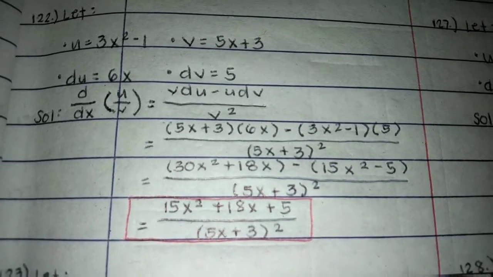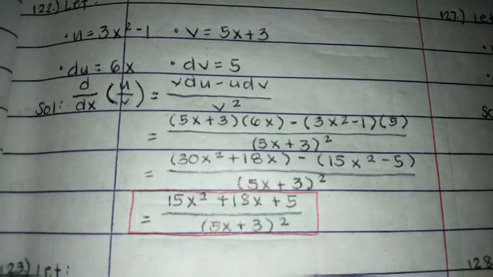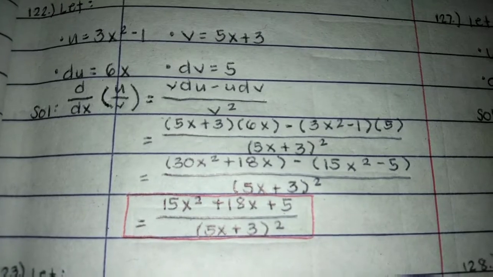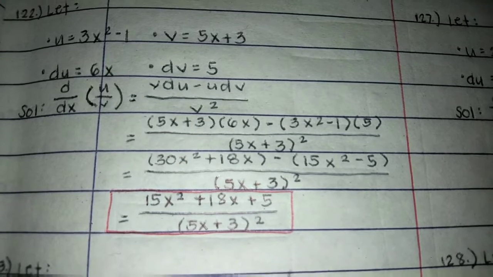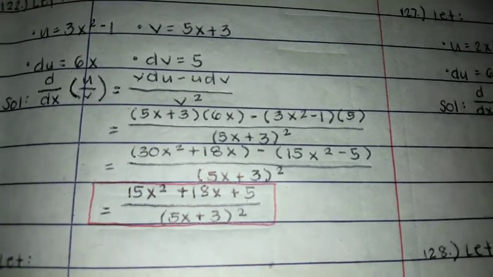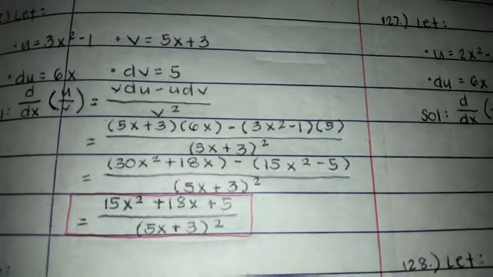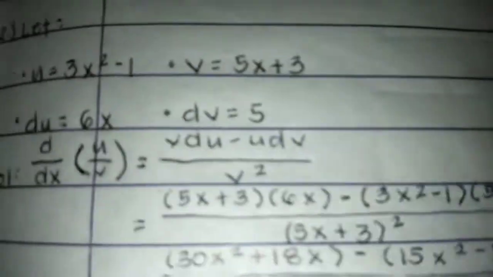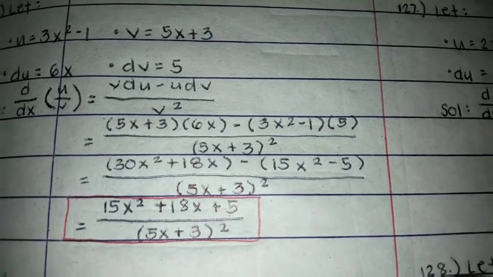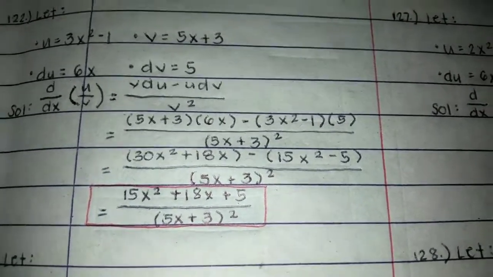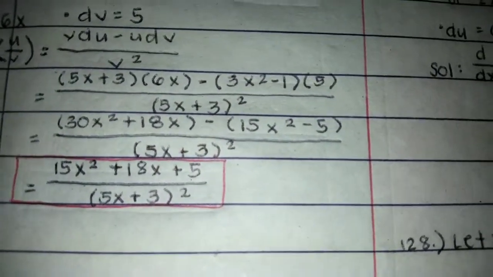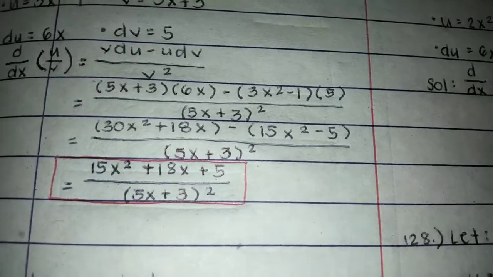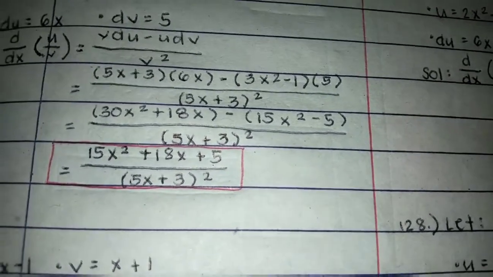The value of v is 5x plus 3, and the derivative of u is 6x, minus the value of u, 3x squared minus 1, and the derivative of v, which is 5, over v squared, so 5x plus 3 squared. We're going to multiply and square the variables.